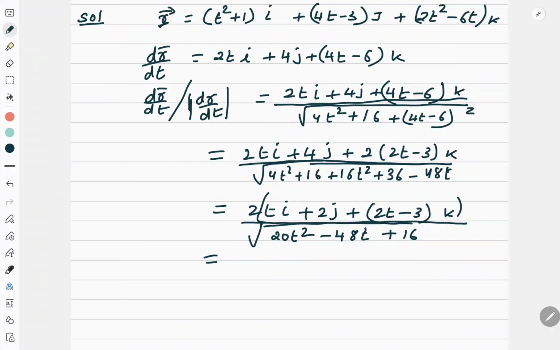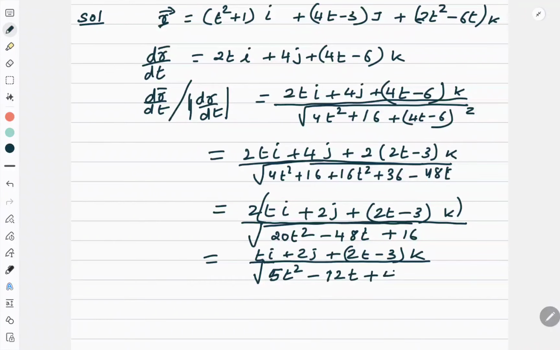So 2 will get cancelled, and I'll get ti plus 2j plus 2t minus 3k upon under root 4 went, so 5t square minus 12t plus 4, right? So 5t square minus 12t plus 4.